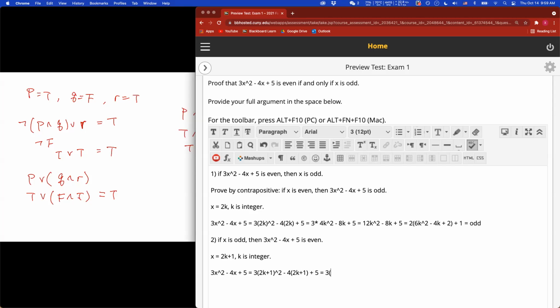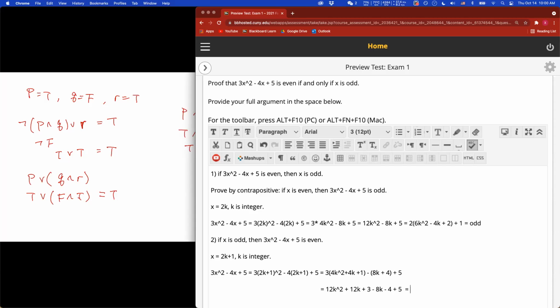That gives 3 times (4k squared plus 4k plus 1) minus 8k minus 4, distributing the negative sign, plus 5. So you get 12k squared plus 12k plus 3 minus 8k minus 4 plus 5.